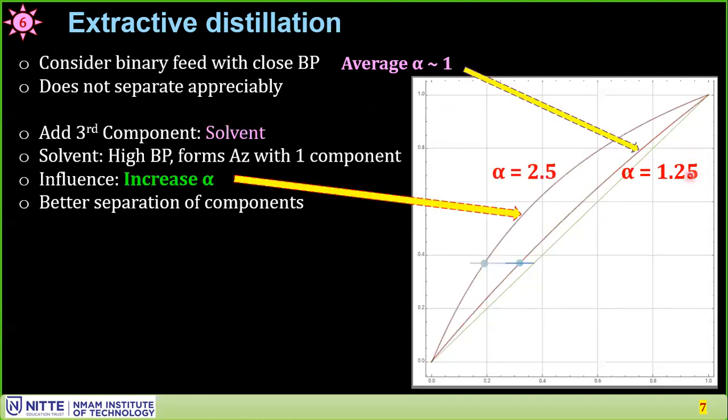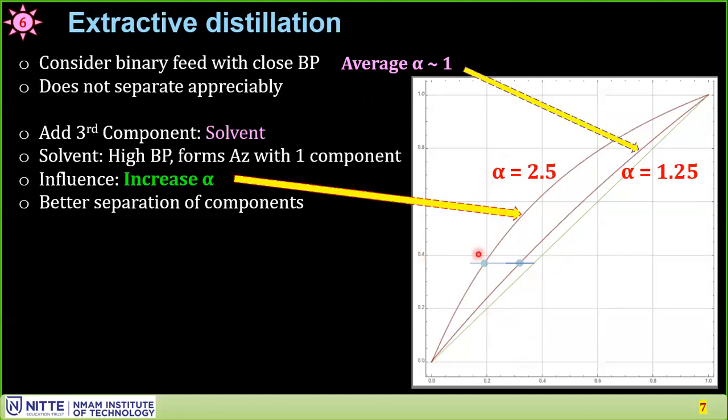Now imagine another case. You have alpha very low here. What if we increase alpha? Say that we have increased alpha to 2.5. What would happen? Let me consider this case. I have taken a particular value of y, somewhere about 3.9 or 3.8. For this value of y, if you take alpha equal to 1.25, close to 1, you will have liquid composition nearer to the value of y.